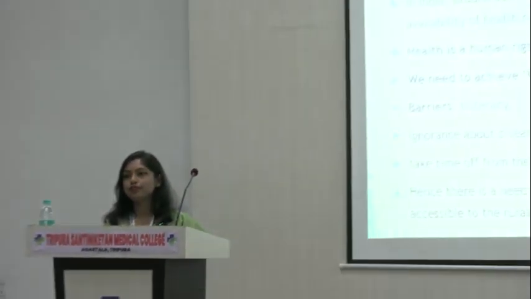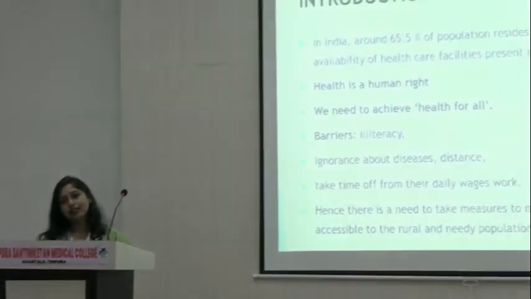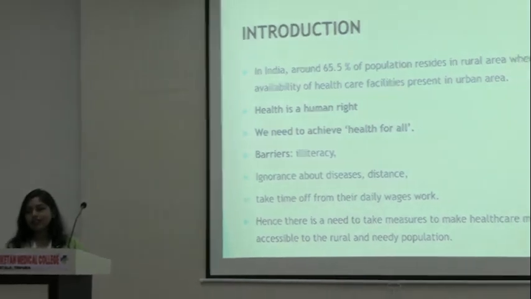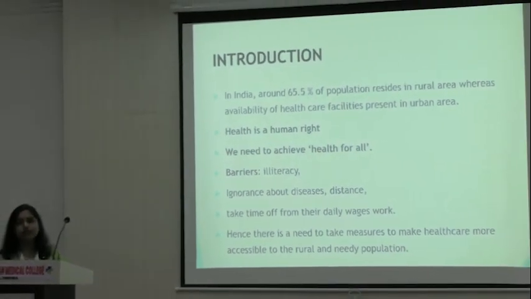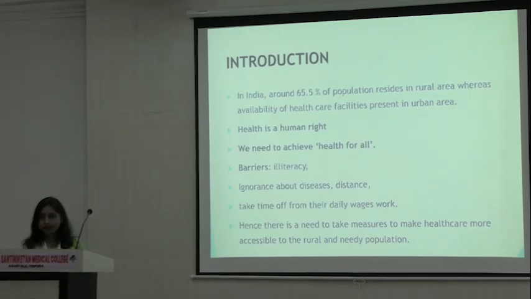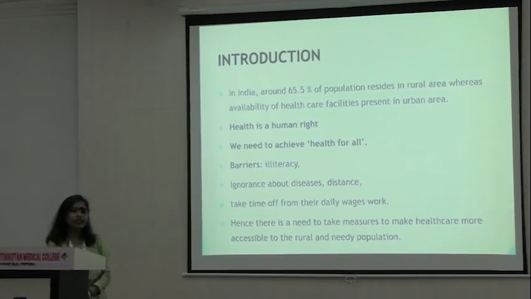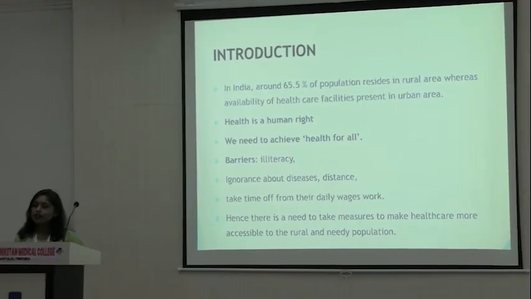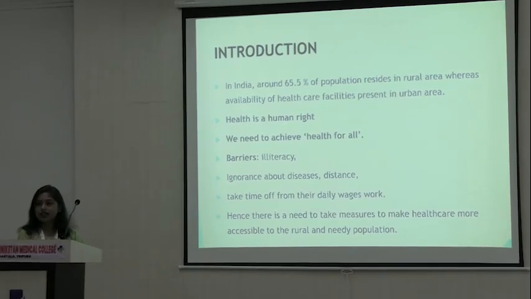a majority of the population, around 65.5%, is residing in rural areas. But the good setup of healthcare we always get in the urban area. Okay. The Alma Ata Declaration was held on 12th September 1978.